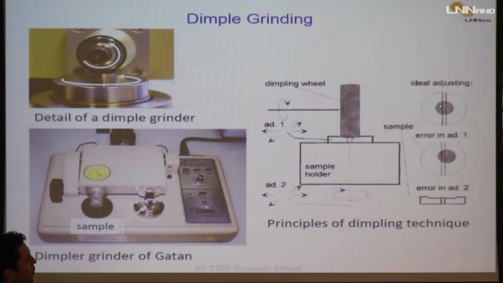With a dimple exactly in the middle of your disc, okay? You need to be sure that your disc is exactly in the center of the grinding wheel, okay? If not, the dimple will be formed not in the center of the disc. This is very important to be in the center of the disc, okay? And this is the way these techniques work, okay?